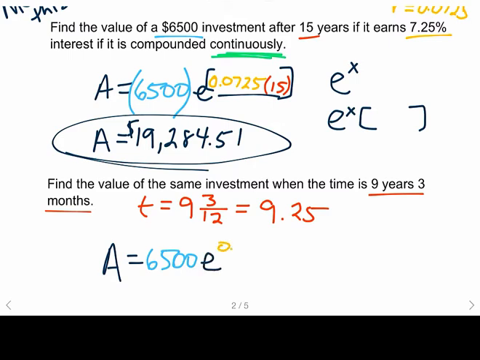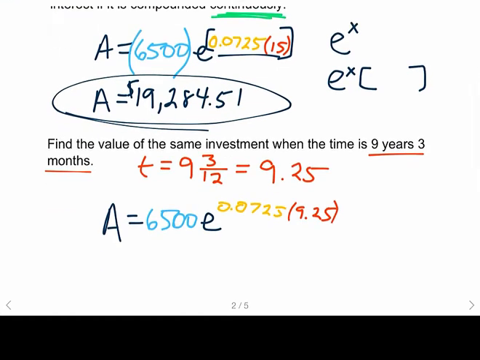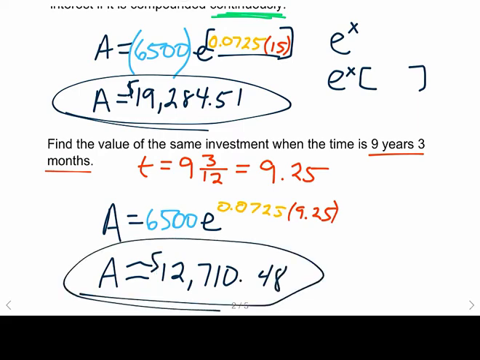The interest rate isn't what's changing, 0.0725, and then now 9.25 is the time. And so putting this in my calculator gives me that the amount is about $12,710.48.